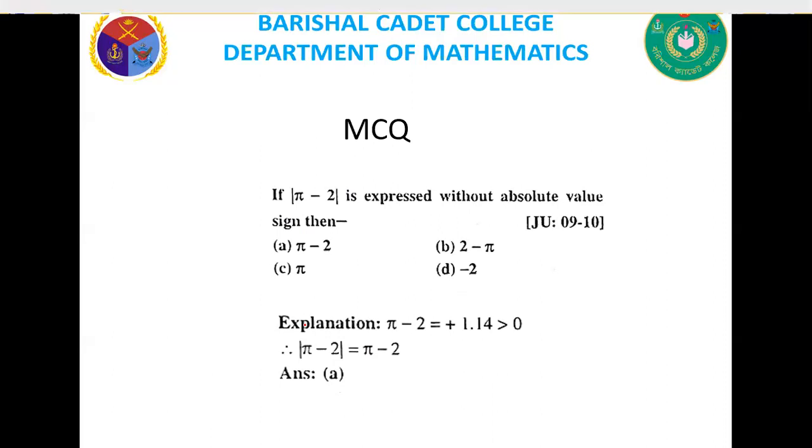Putting that value and calculating, we get the result 1.14, which is greater than 0. Again, you know, if x > 0, then |x| = x. So for |π − 2|, here π − 2 is greater than 0, so the result will be π − 2, which is given in number A. So the result is number A.